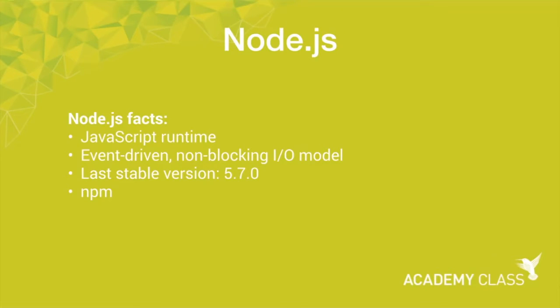It allows you to write async code, and the last stable version is 5.7. Node.js not that long ago was also in the versioning system starting with 0, but at the end of last year, they merged with another project and they had to change their versioning.